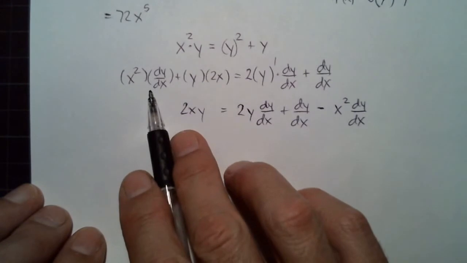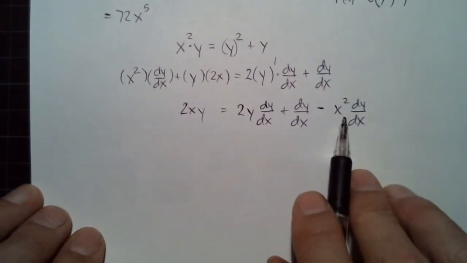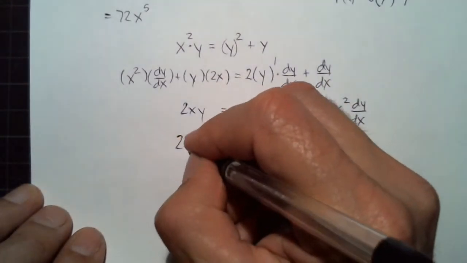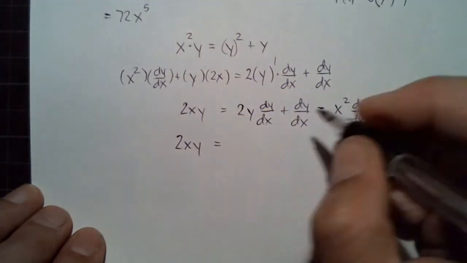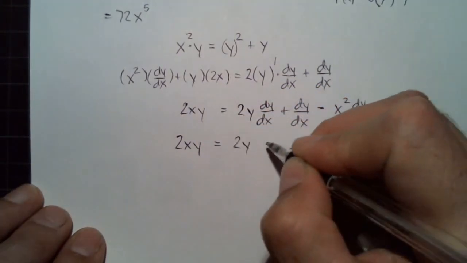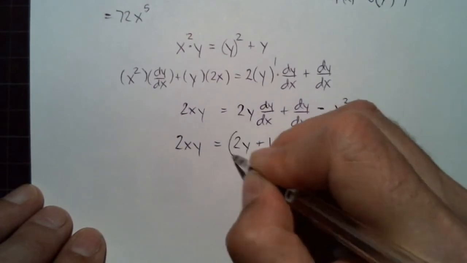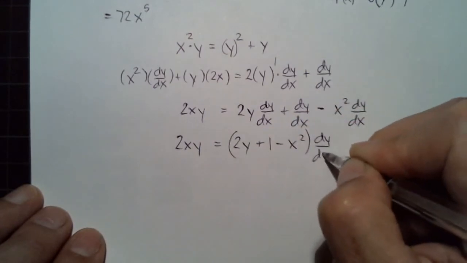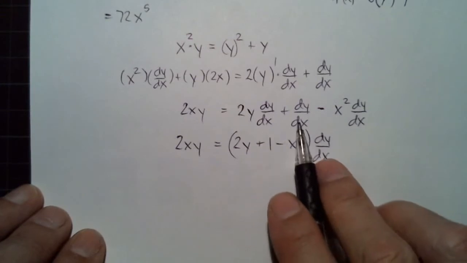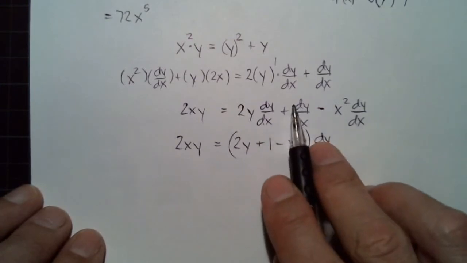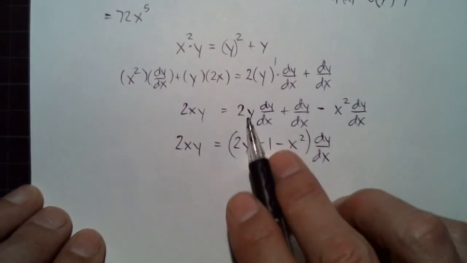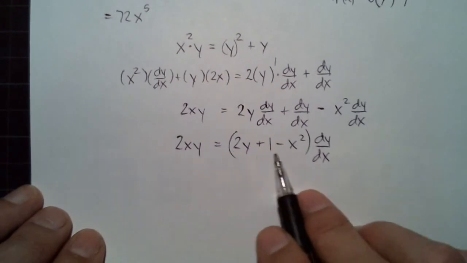So we just subtract this to the other side, and now we'll factor out a dy dx. So each of these terms has dy dx. There's a 1 there, x squared there, 2y. Then we'll just divide both sides by this.